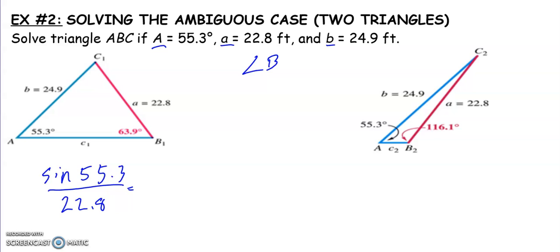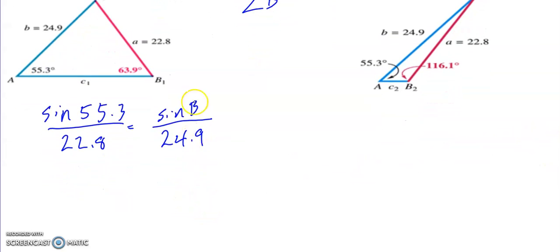All right, so we did the sine of angle A over the length of side A is going to equal the sine of angle B over the length of side B. Now we're going to solve for B by cross multiplying.